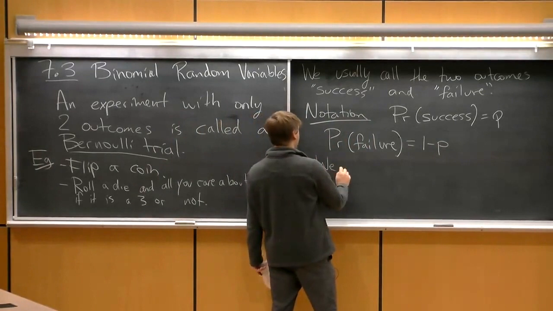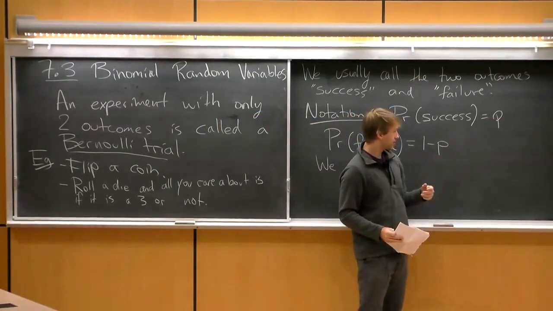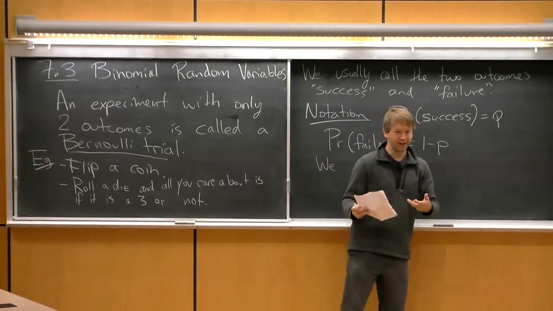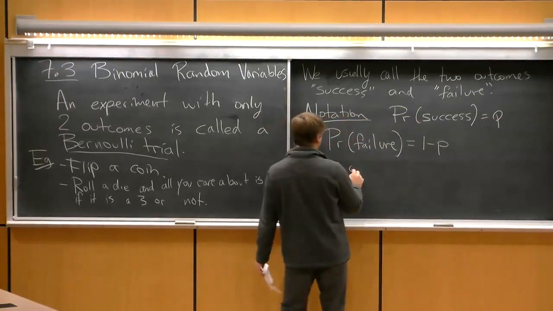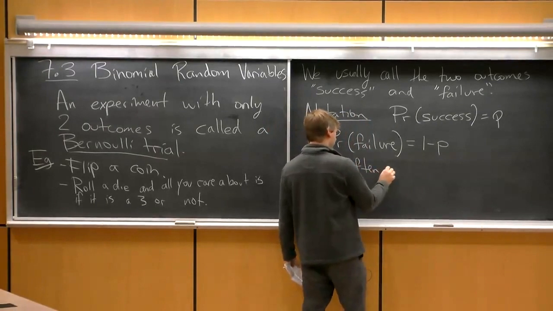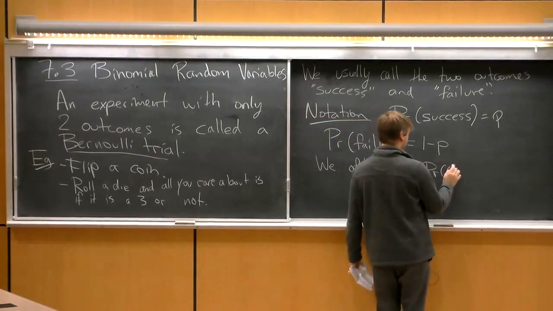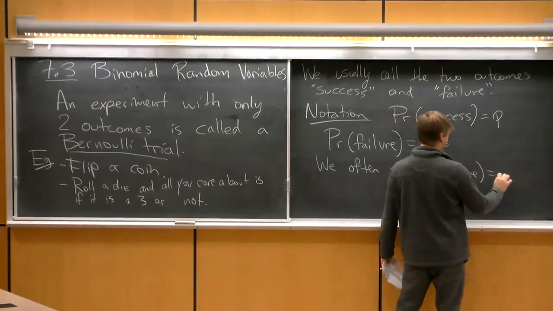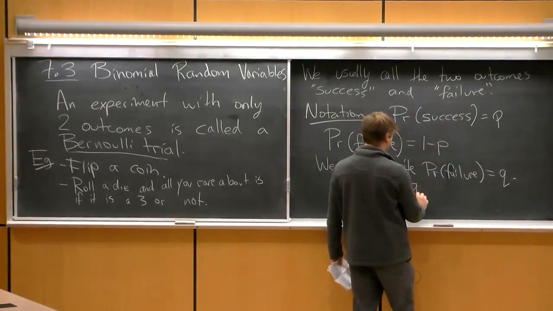There's nothing wrong with writing this as p and 1 minus p, but it looks a bit asymmetric. So we often write that the probability of failure is q, but here when I say q, q is 1 minus p.